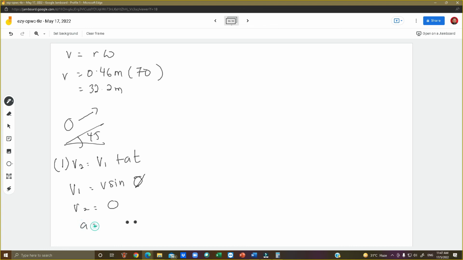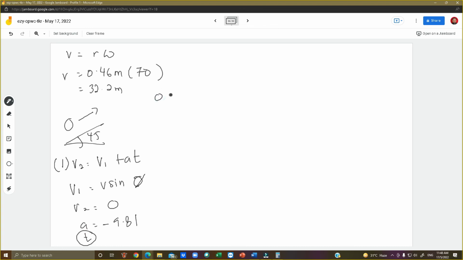A equals negative 9.81. And T, we try to find out. What do we get there?